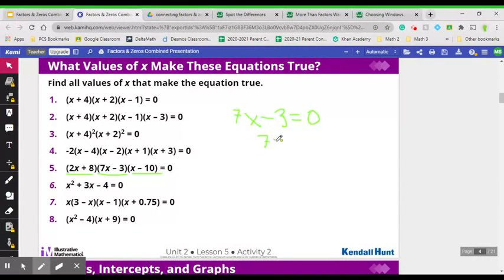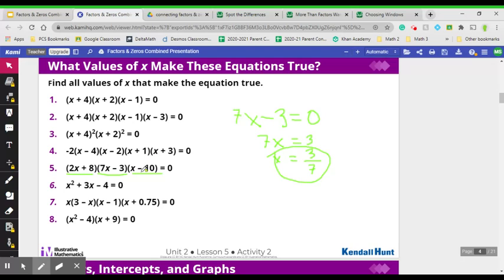And so I just need to do a little bit of solving equations and see that x is going to end up being equal to 3/7, which you could turn into a decimal if you prefer that. So you can see decimals down here. And then that's one of those x's.